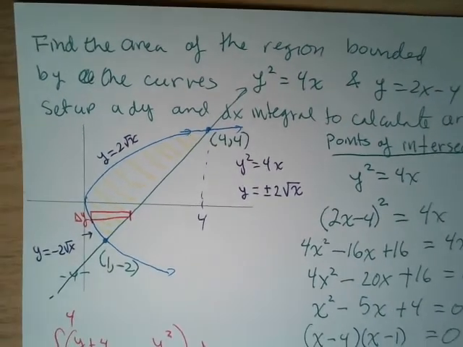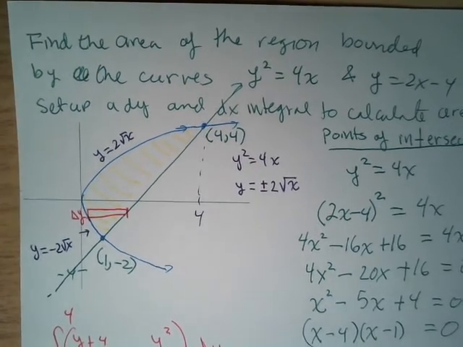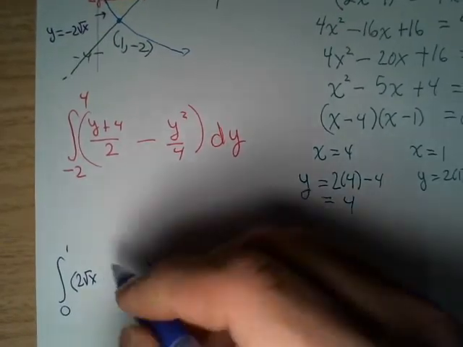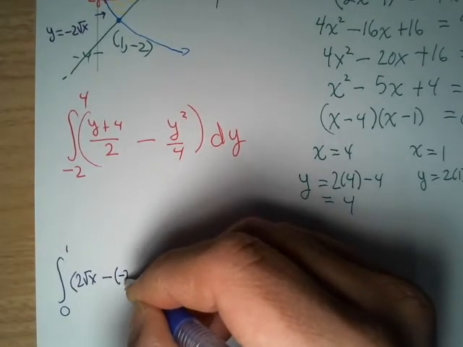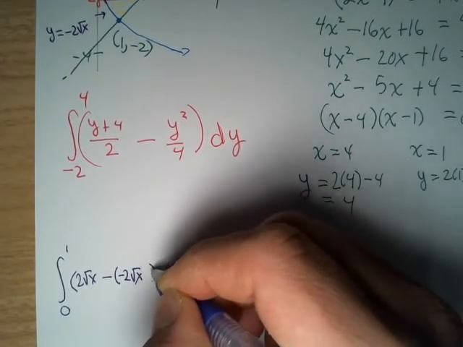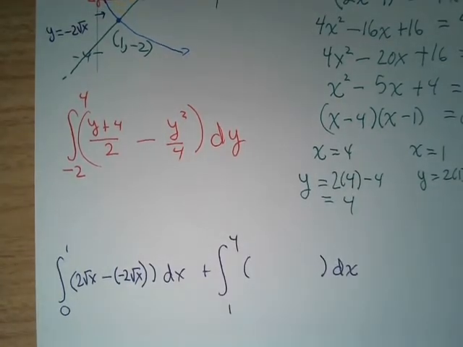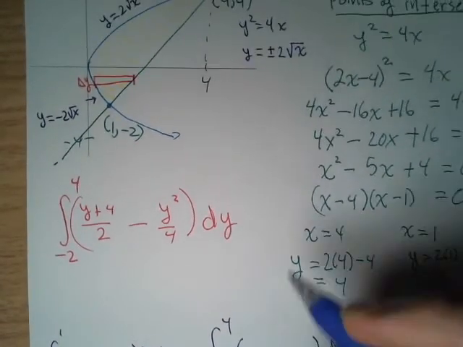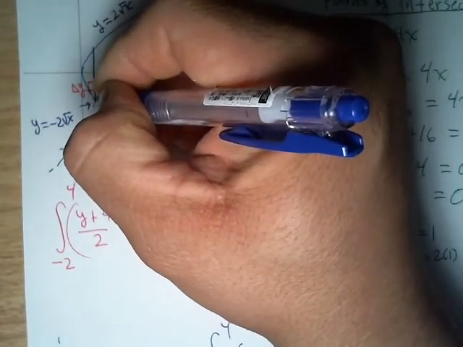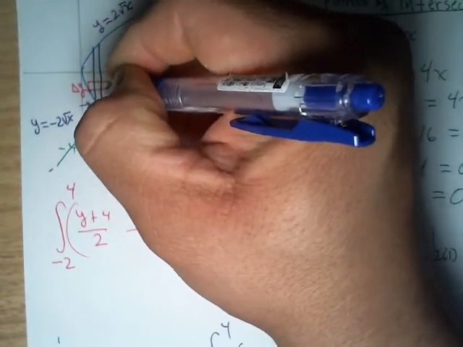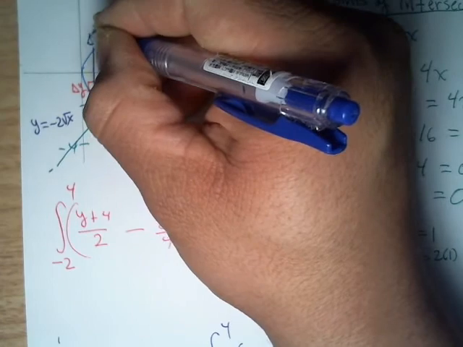So for our first one, we'll have 2 root x, the top curve, minus the bottom curve, negative 2 root x. That gets us this part right here. That's delta x.